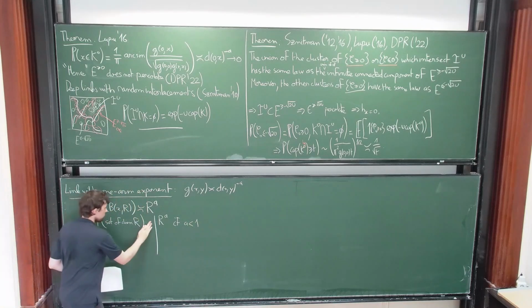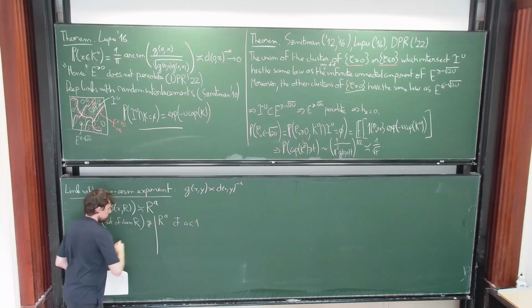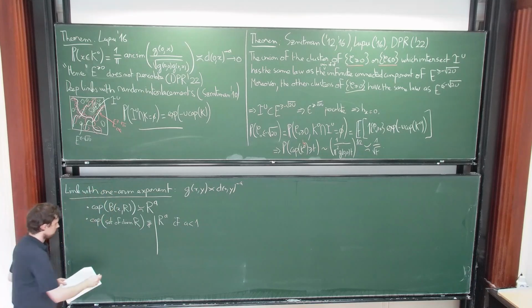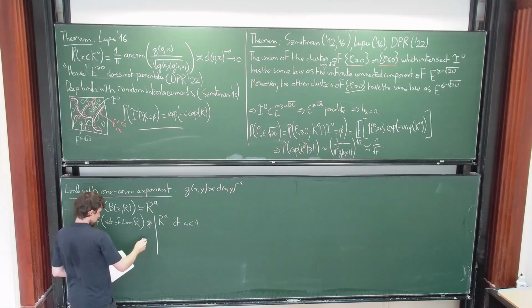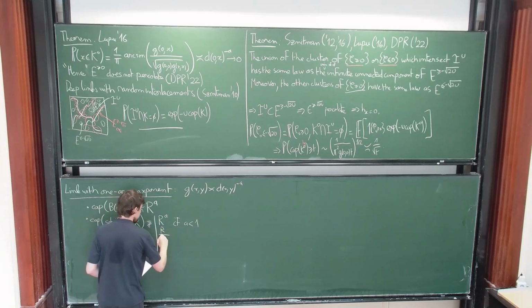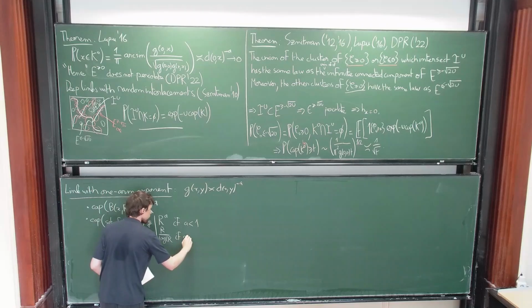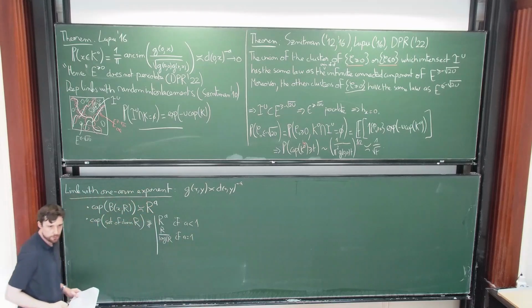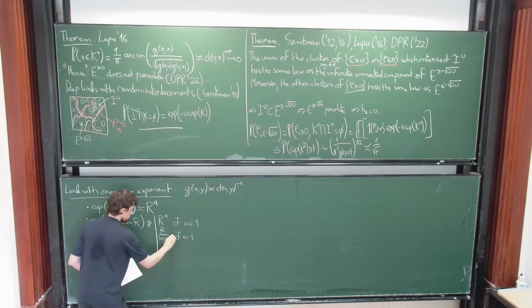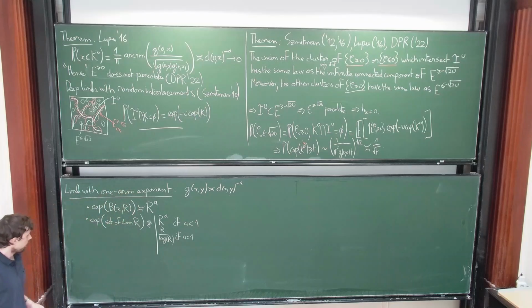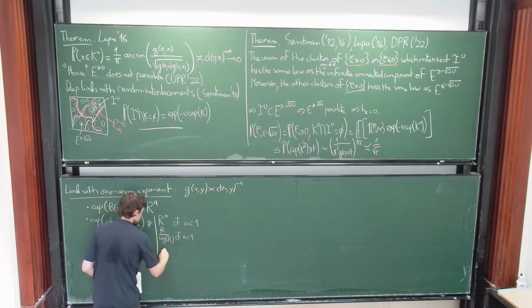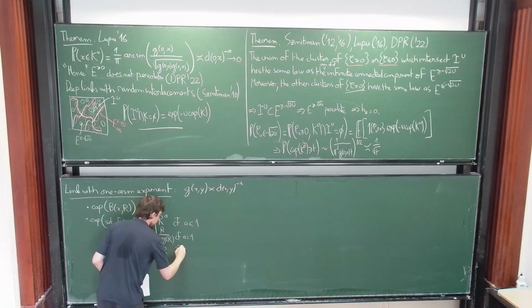This is still up to constant. You have the case a equal to 1. So a equal to 1 is Z3. A smaller than 1 never happens on Zd, but it happens on, let's say, a serpentine cascade, for instance. And you have the case a larger than 1, where it's just r.